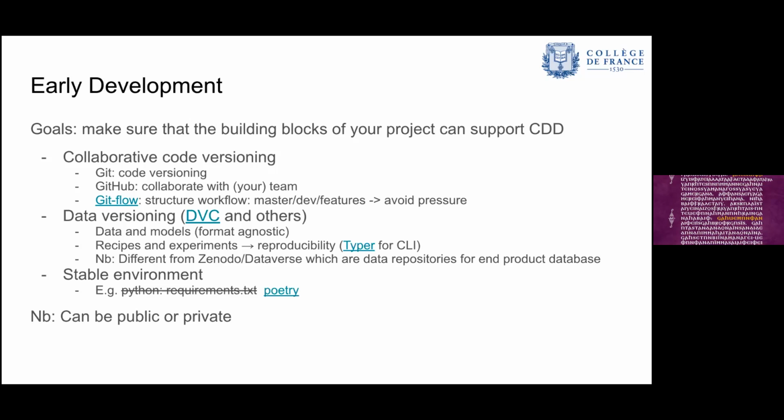I think that most of you might be familiar with Git, but in the end, the idea of Git is that each time you add something to the code, you commit the code and have a snapshot of it.